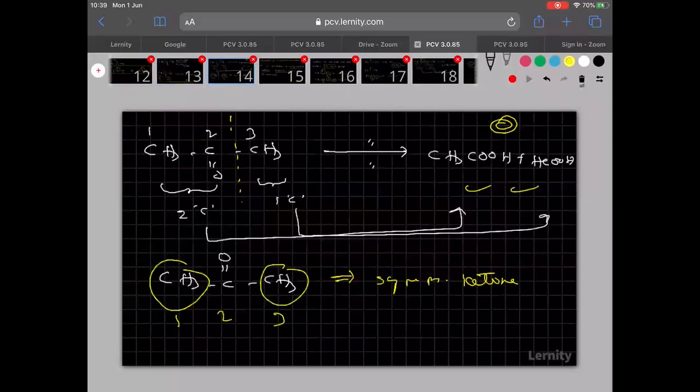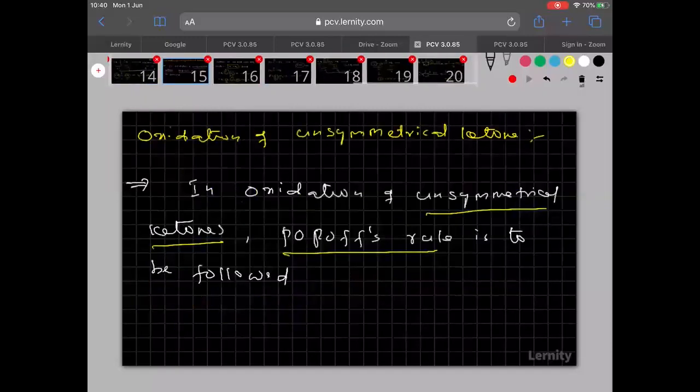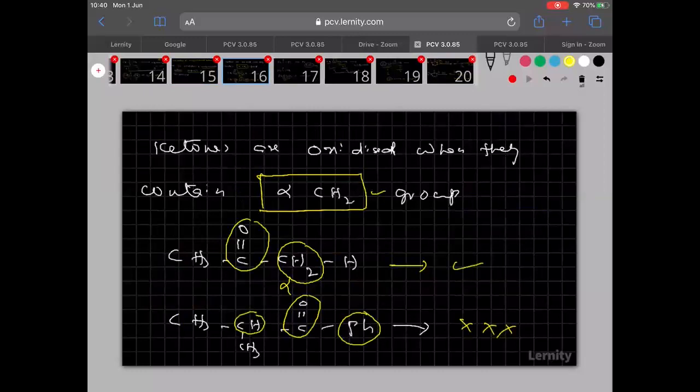Fourteenth one. 15th one. Okay, 16th slide. And this is the 17th one.